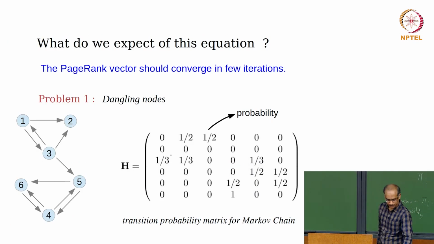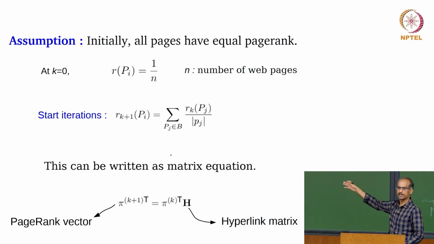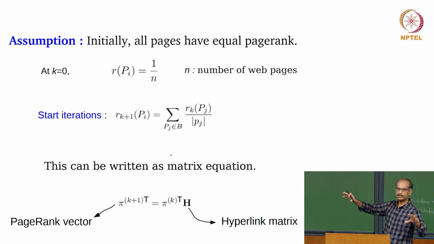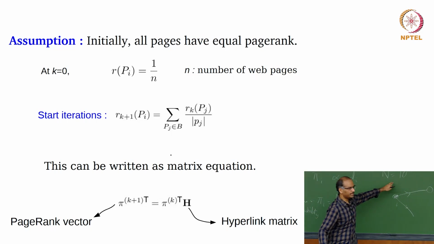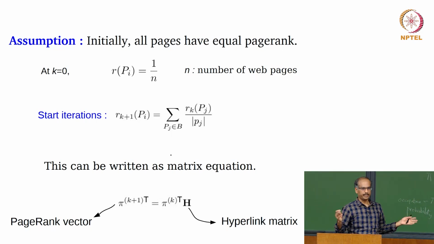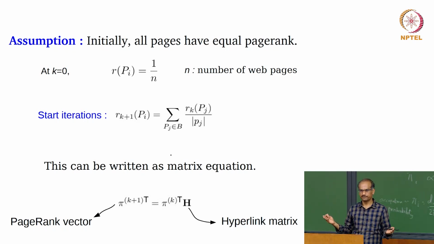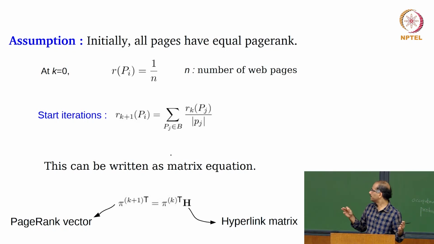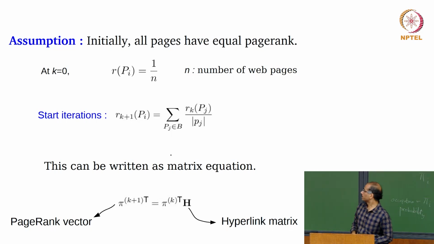What do we expect of this equation? We want this vector to converge. Let's say you had n web pages to deal with, then this matrix H will be of order n by n. Today on the web there are probably billions of web pages, so you are really dealing with a large transition probability matrix.